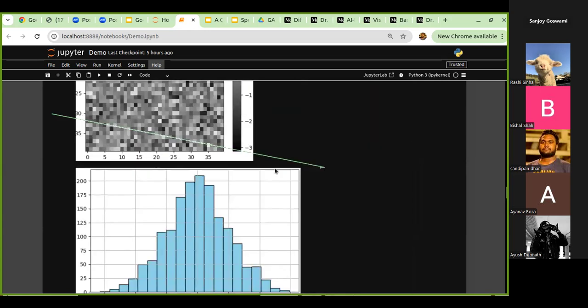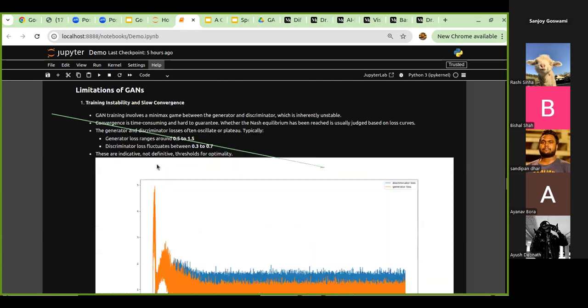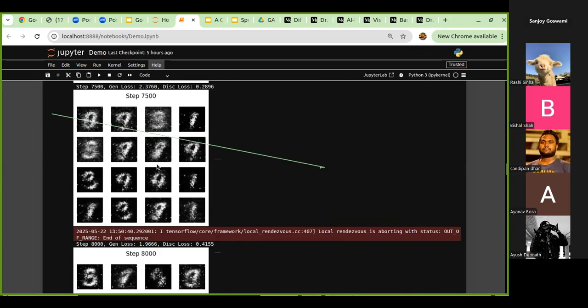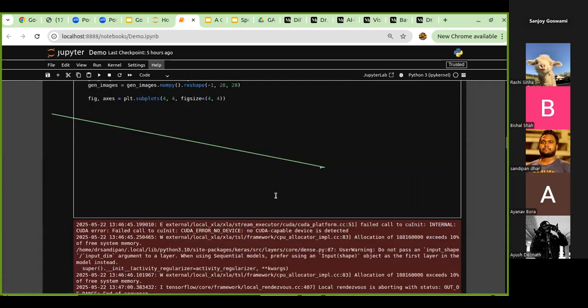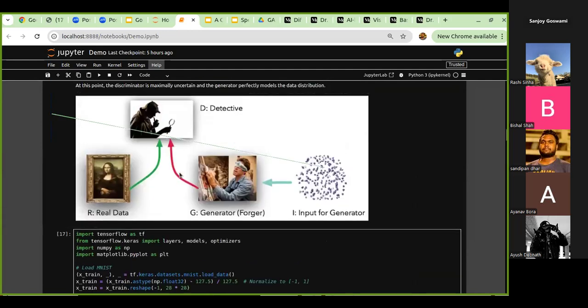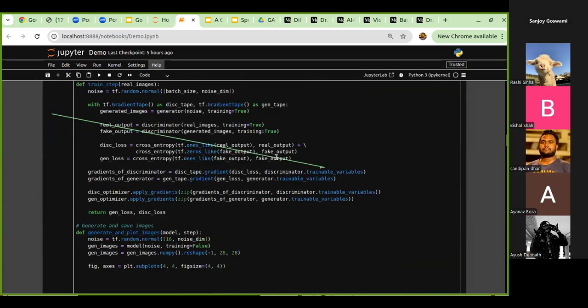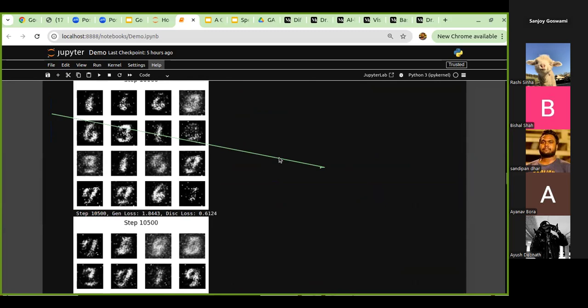Because if it is unimodal, with only one type of data distribution, then it is very easy. If only the Mona Lisa image is there, it becomes easier for the generator to draw it. Rather, if I provide multiple images and ask it to draw each of them correctly, it becomes very difficult to generate. That's the reason why multimodal scenarios are much more difficult than unimodal scenarios.